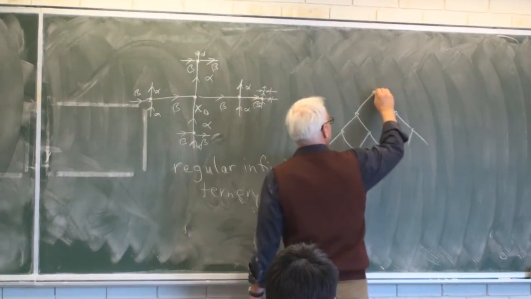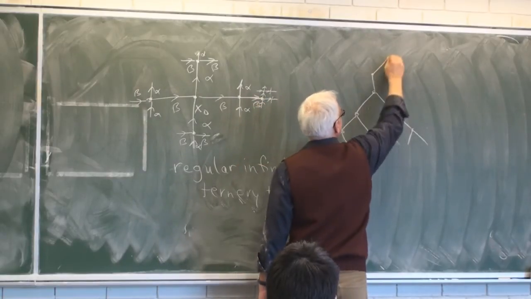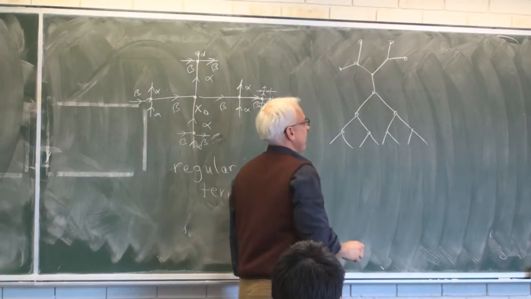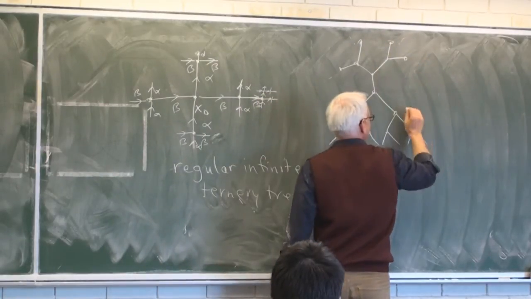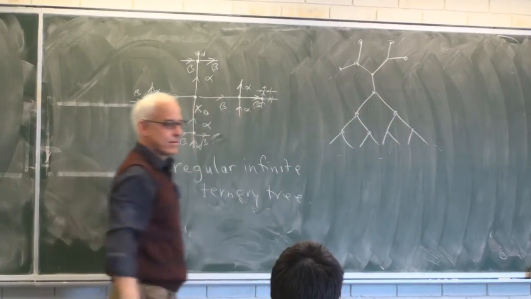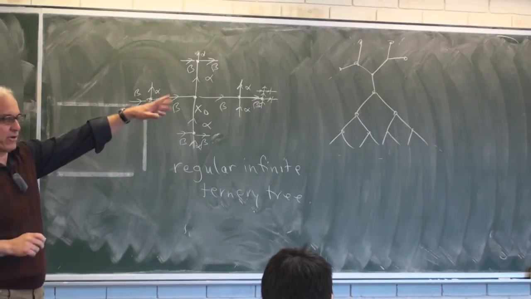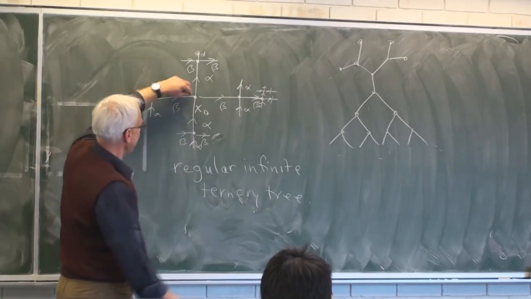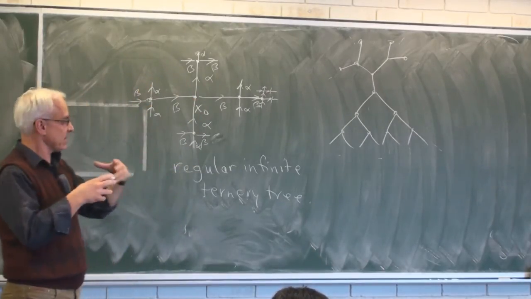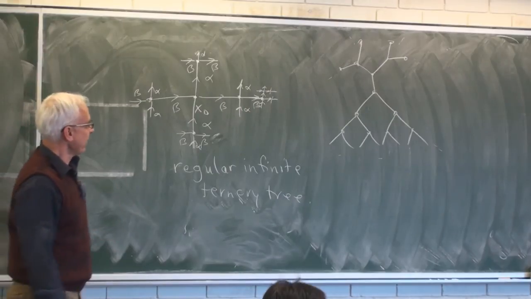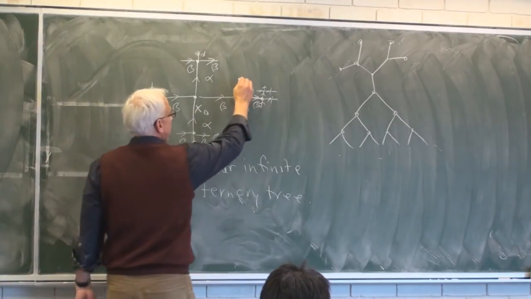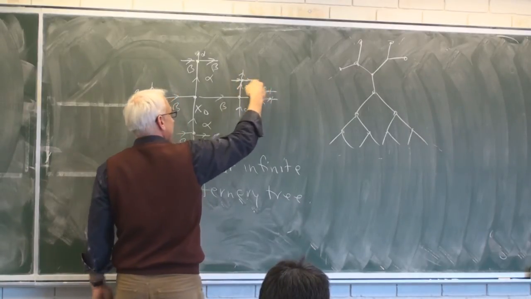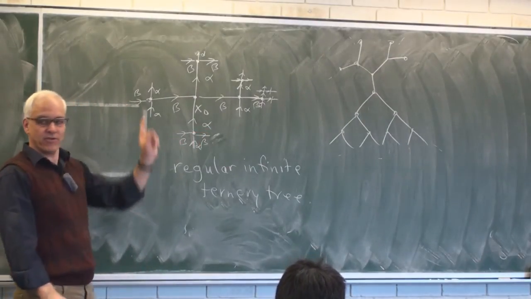I guess to make this completely regular, we also need to go in this direction. So that's a binary kind of tree, and this is sort of a ternary tree. At every vertex, there's got to be four edges coming in, and we just carry on at every stage, creating three new edges going out, and labeling them all betas in this direction and alphas in this direction.